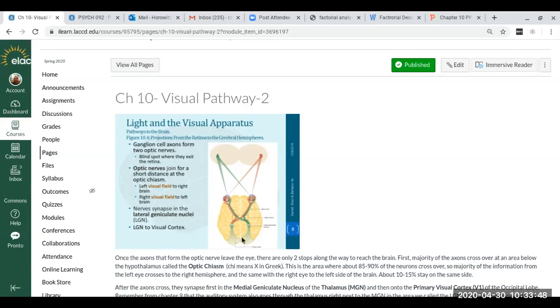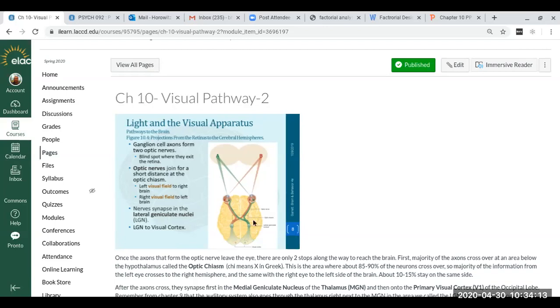And what we see here is the left eye, where the majority of the axons cross over at this area called the optic chiasm. So the majority of them go to the right. The ones on the very outside, the right visual field of the right eye, stay on the same side. So everything in the left visual field goes to the right side, and everything in the right visual field goes to the left side.